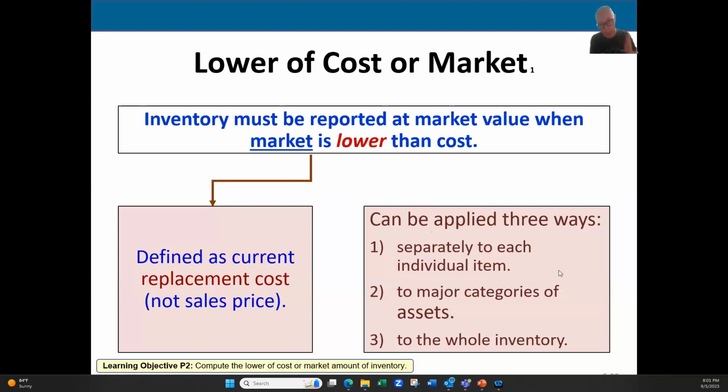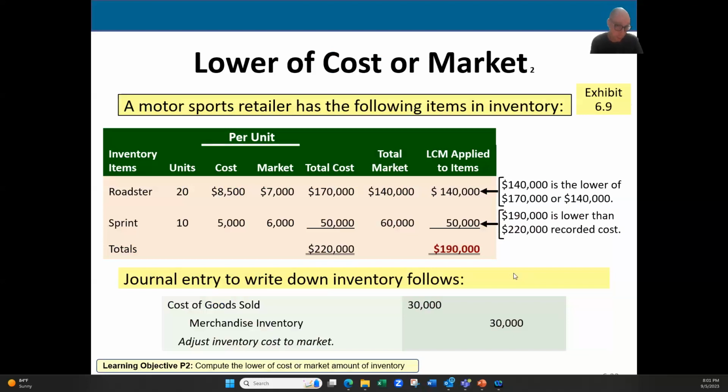One is separately to each individual item, or we could do it to major categories or the entire inventory for the company. The lower of cost or market is simply whichever is lower, the cost or the market. It's what the name implies. Whatever is lower is what we record as our market value.